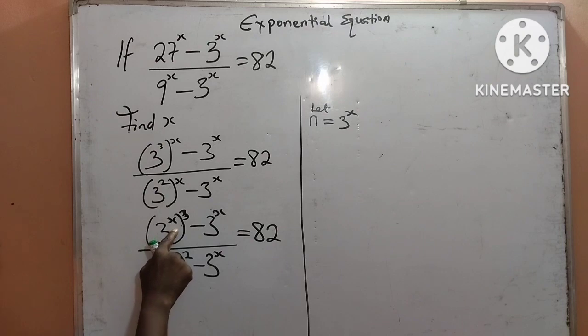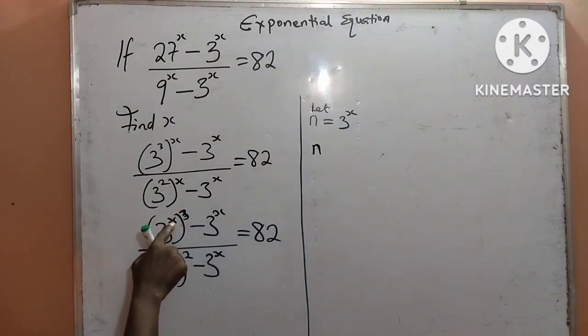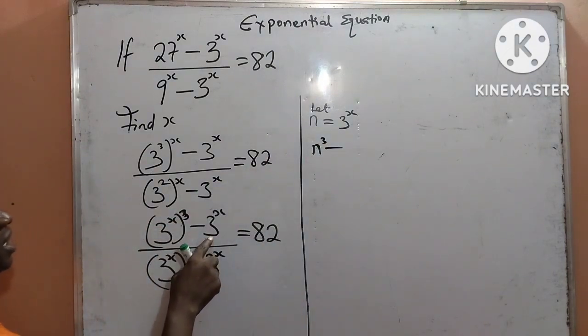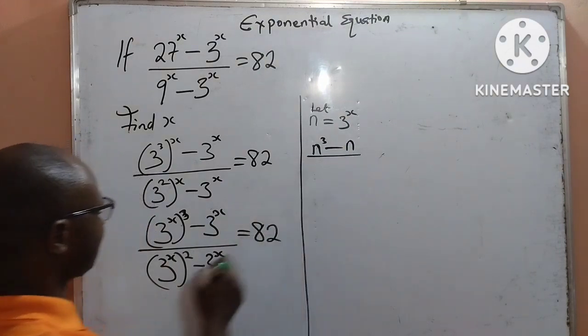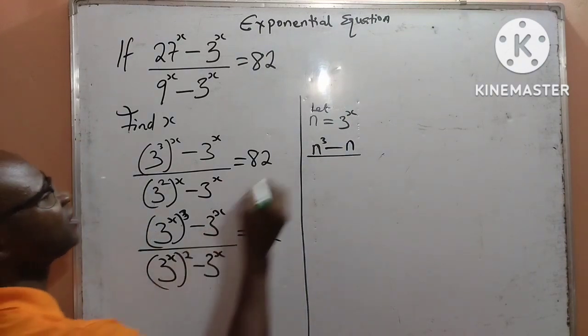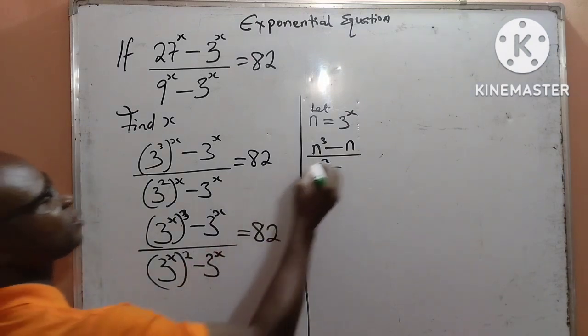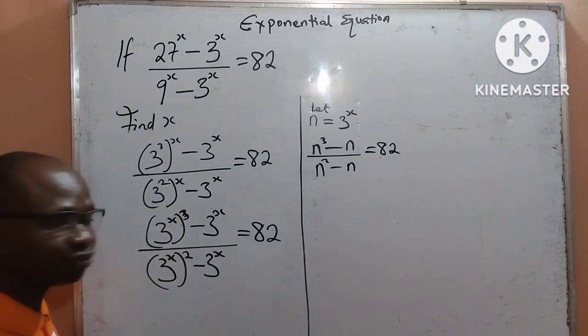So from the numerator, I will now have n^3 minus n, all over, at the denominator, n^2 minus n, equal to 82.